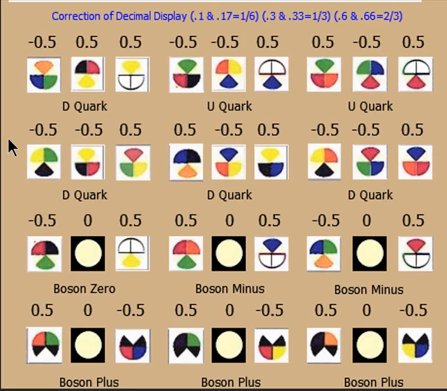But this D quark is part of the composition of the U. And so we have to look and see, and we saw previously that the weak charge of 1 that was on the boson plus summed with this weak charge to make it 1/2. And so 1/2 is the appropriate weak charge for the U quark, the left-handed U quark.